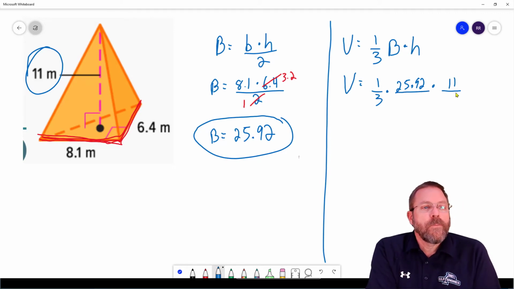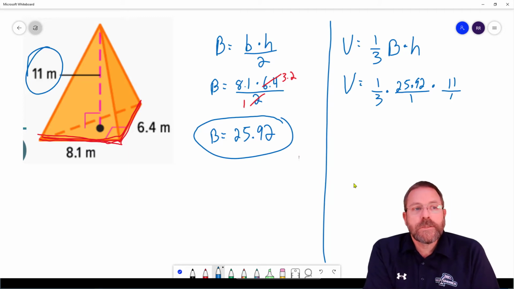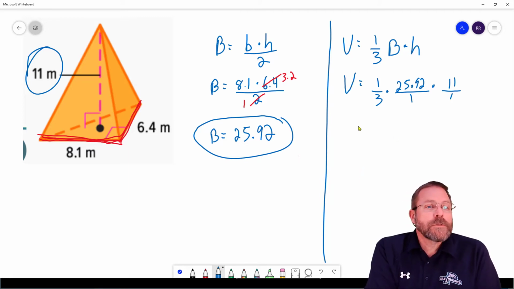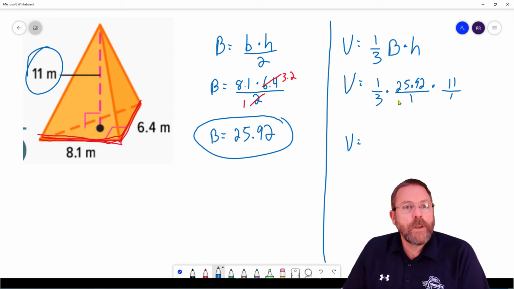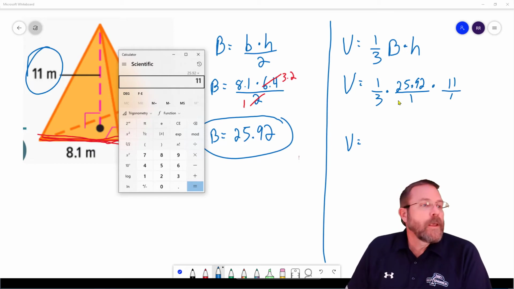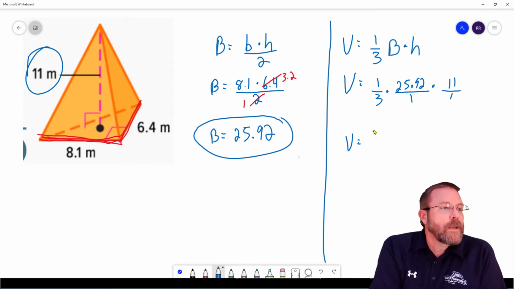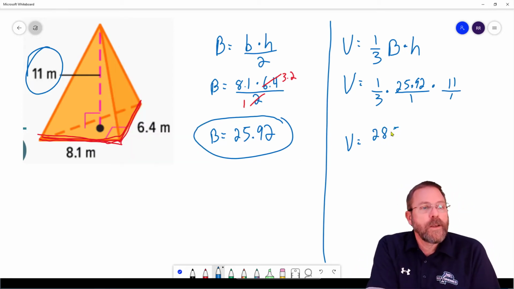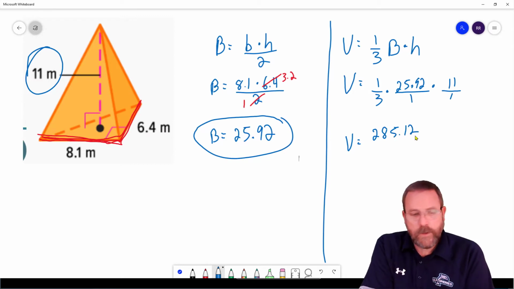Now we can put both of those over 1s since we're multiplying a fraction by a fraction here. And that means in the numerator, 1 times 25.92 is going to be 25.92. And when I multiply that times the 11, I'm going to end up getting 285.12, I think is what I saw there.